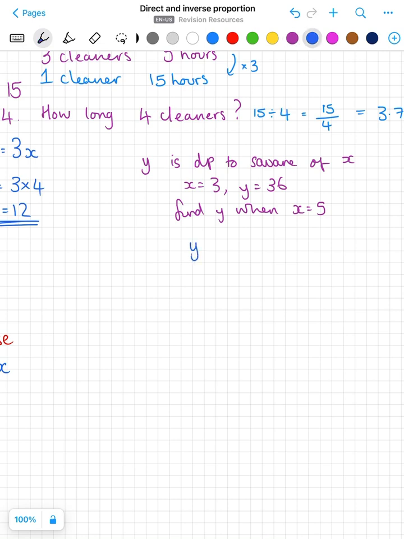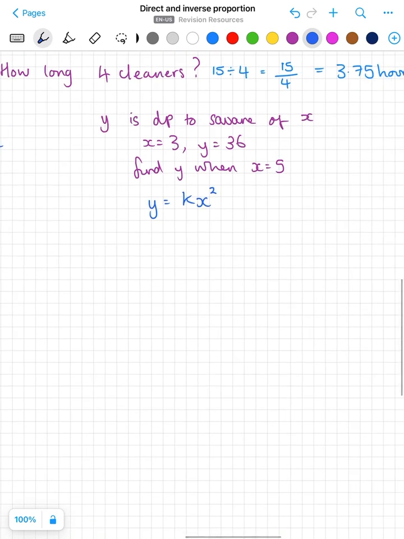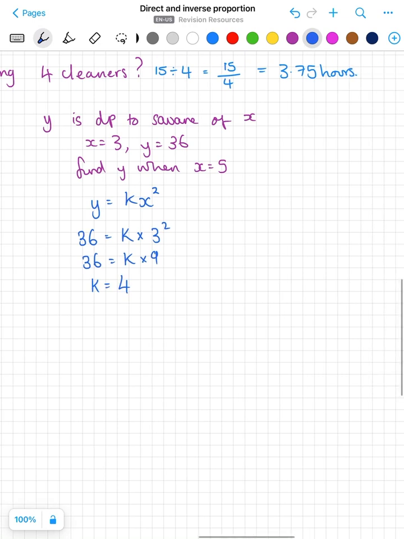So y equals k times x squared this time. It's the x that's squared. Substitute what we know. 36 equals k times 3 squared. 36 equals k times 9. 9's into 36, 4, so k is 4.